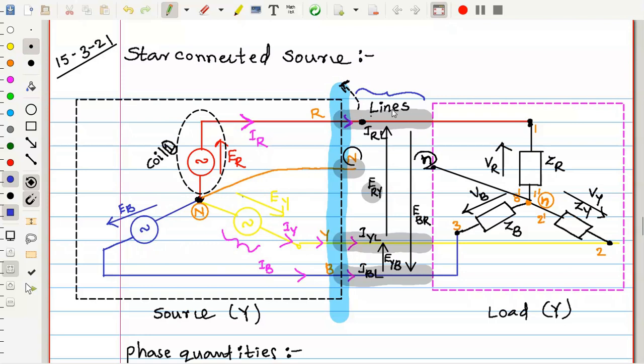Now once we come to the lines, the flow of current through a line is the line current. That may be IYL, IRL, etc., all these currents which we showed in the last session.